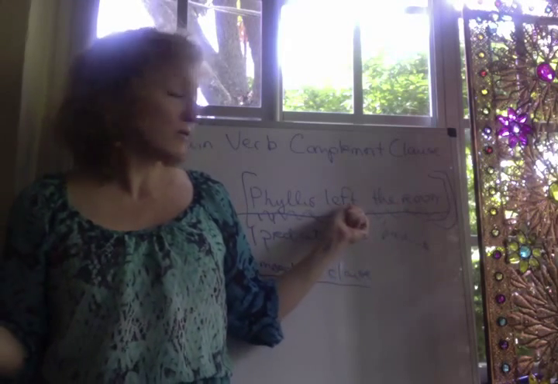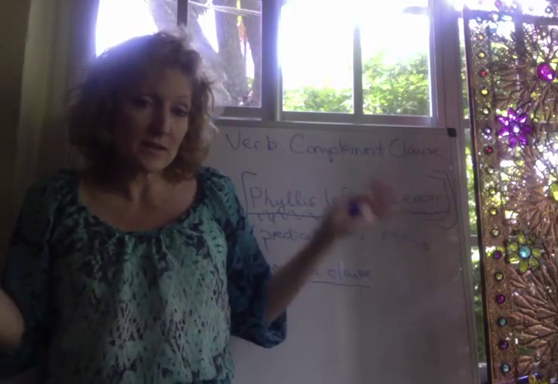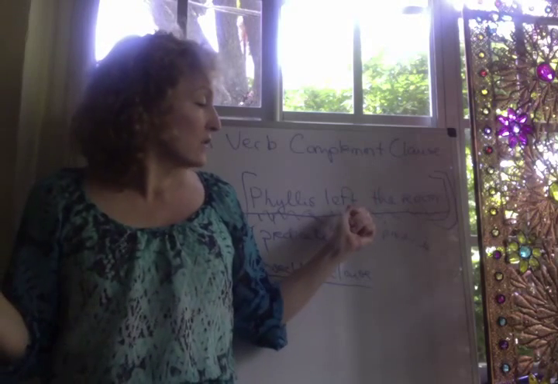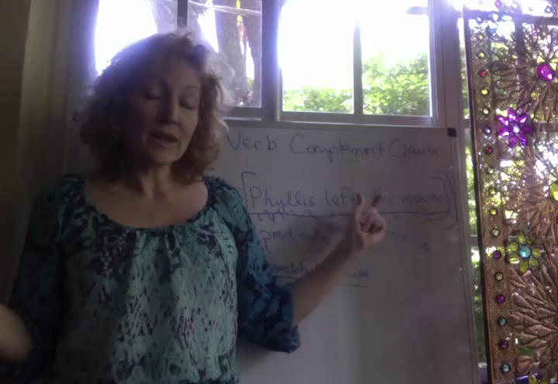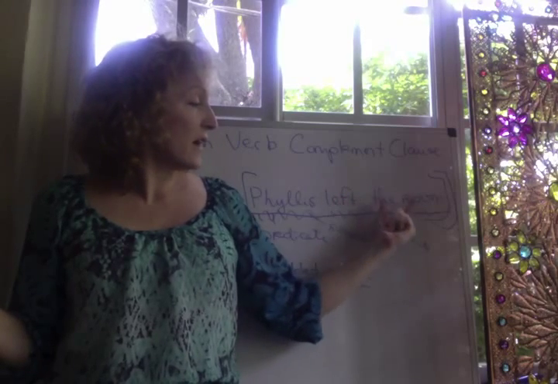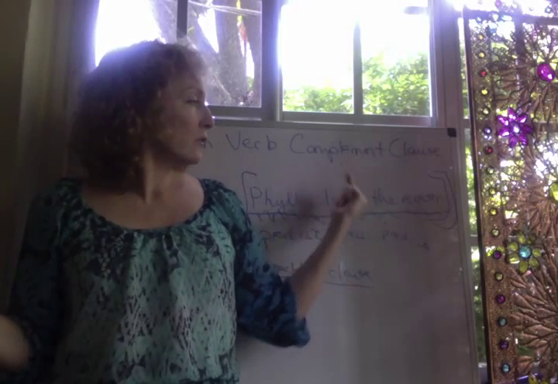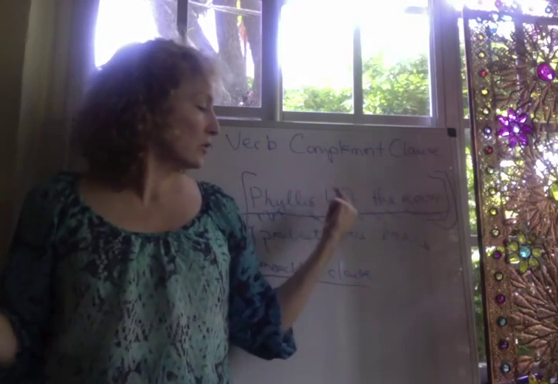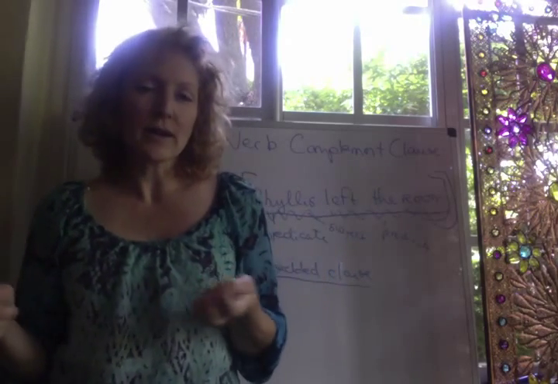That would just be the verb left. What information do we have about that? Just that it's past tense, right? There's no auxiliary verbs there. So this would be the verb group labeled as past tense. The room is serving as a direct object of left, and it's a noun phrase, so in the structure we would have noun phrase. And then the verb phrase would be comprised of left and the room, and then Phyllis is the noun phrase together forming a sentence with that predicate.